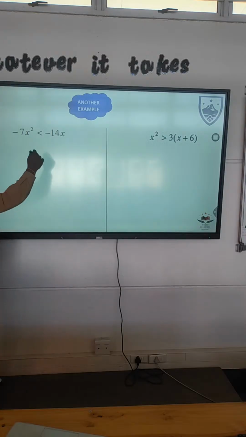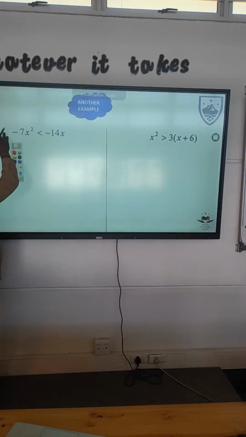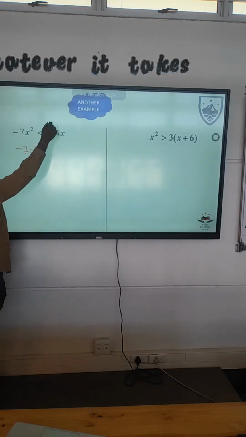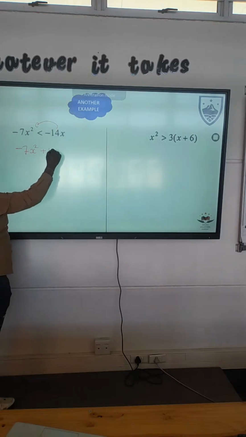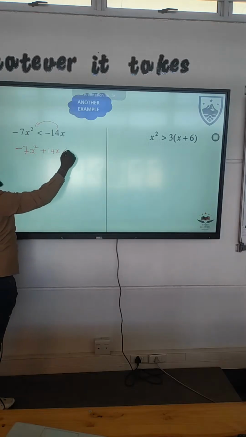So let me go and transpose it, because I said to you guys, you need to make sure you get the 0 on the right hand side. Right? So logically speaking, you will come and transpose. So I have a -7x squared. I'm transposing to the right hand side, and then this will change the sign, will be a 14x is less than 0.